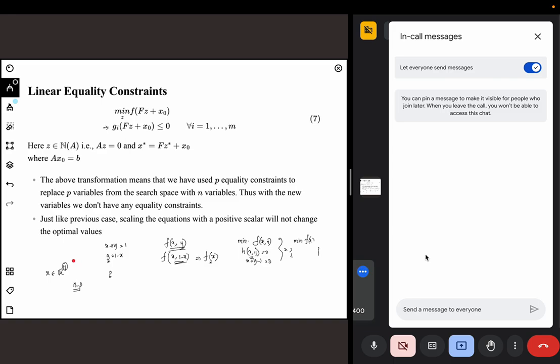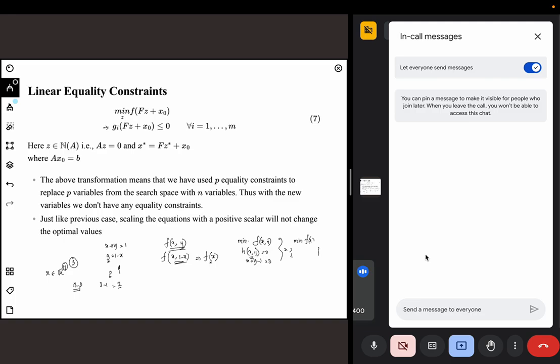So if it is R^3 and I have one constraint, then I can reduce it to 3 minus 1, that is a 2D problem. A problem which was originally 3D has now been converted to a 2D problem. So the number of unknowns gets reduced, so it might sometimes become easier to solve.